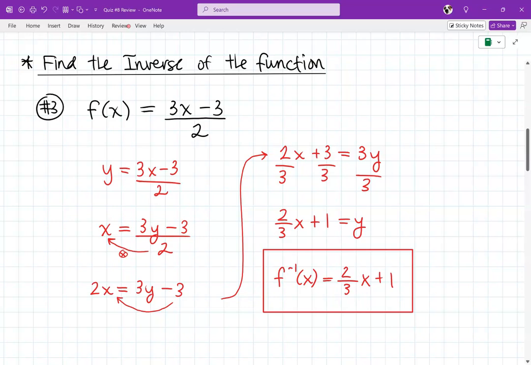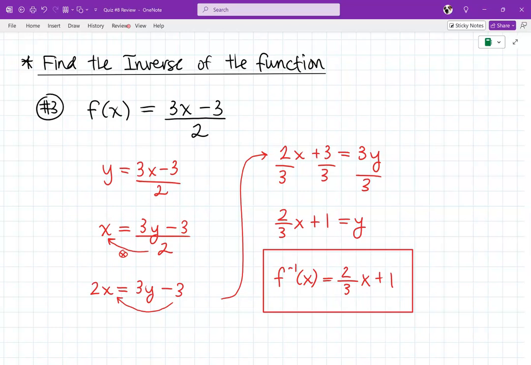Finding inverses, guys, is not meant to be difficult, just so you know. It's supposed to be some standard steps that you should be able to do, right? We're not doing some crazy math where you're having to recreate things, but it does require you to know the steps, right?